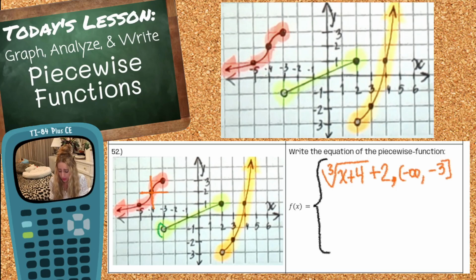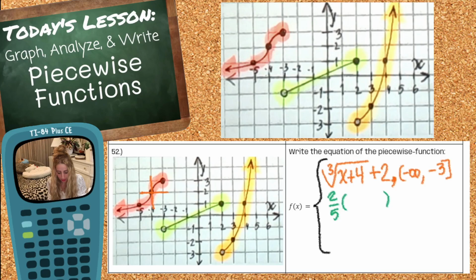Slope is rise over run. I'm going to start here. Rise up 2, and the run to the right is 1, 2, 3, 4, 5. So my slope is 2/5. It's rising from left to right, so it's positive 2/5.